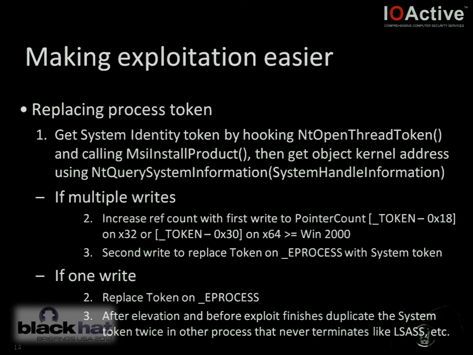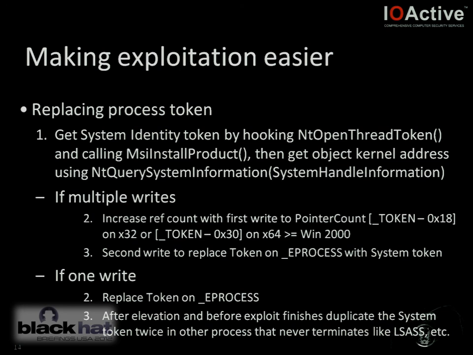But if you have only one write, there is a solution also, because what you have to do is just replace the token, and then after elevating privileges, you can duplicate that token in a process that never terminates, like LSASS. Because when you duplicate that, you make sure that token will never be destroyed by the system.